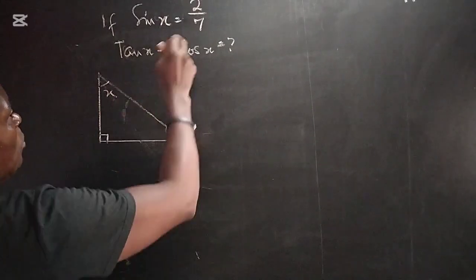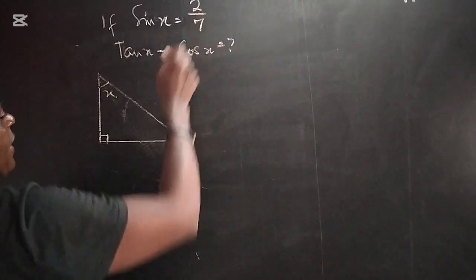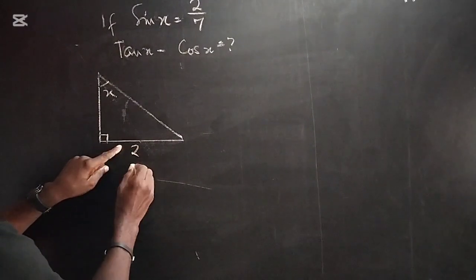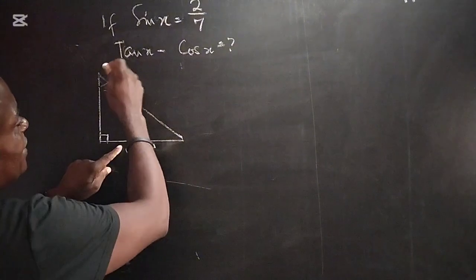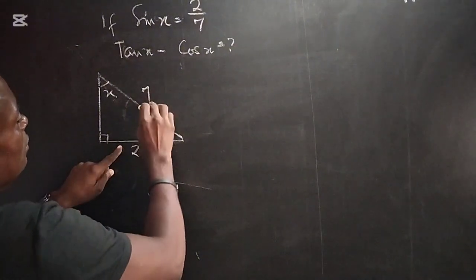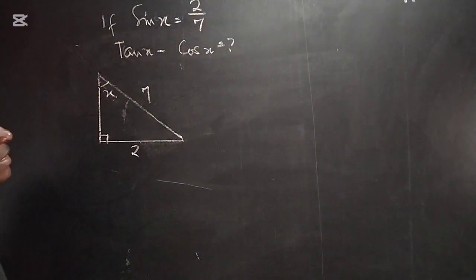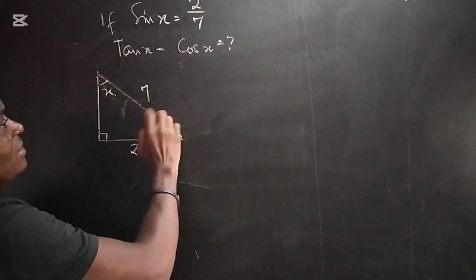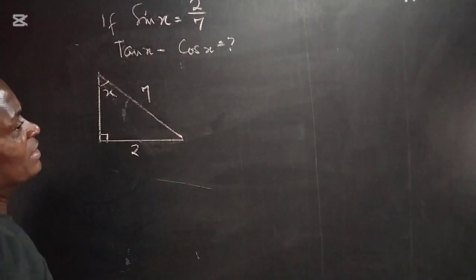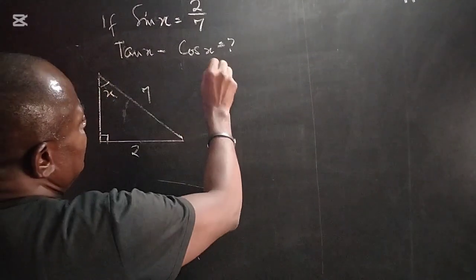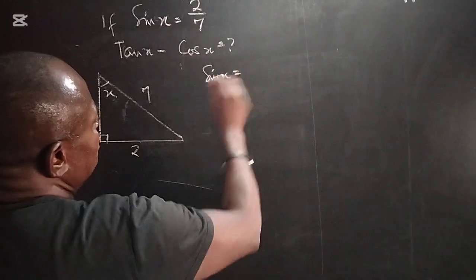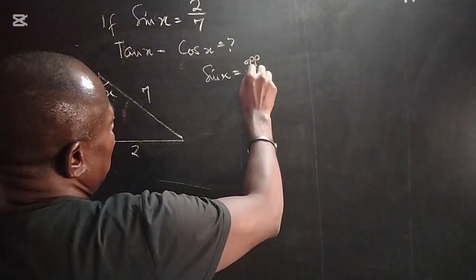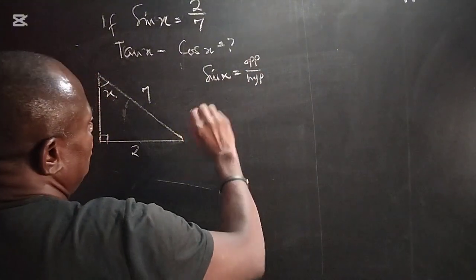To get sine x, we will have to have opposite over the hypotenuse. So this side is the opposite to this angle, so that is 2. And then the longest side of the right angled triangle is the hypotenuse. So using properties of right angled triangle, our sine x from the diagram is equal to opposite over the hypotenuse.